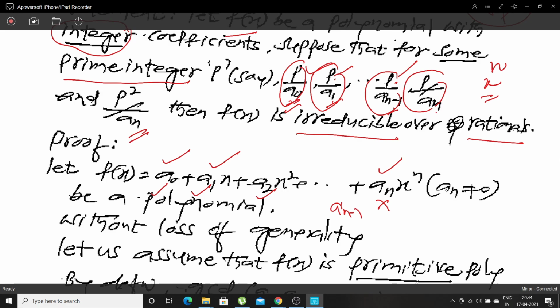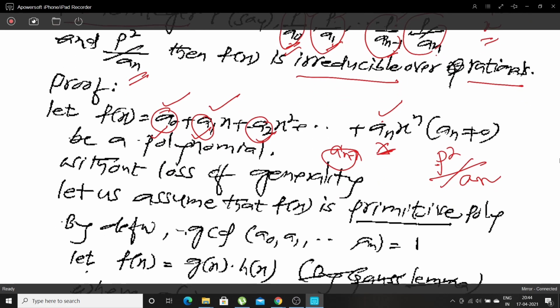Very interesting. P has a friendship with this, this and this, but not with this. Since it has not made any friendship with this an, therefore p square does not divide what? An. Let me prove this theorem.